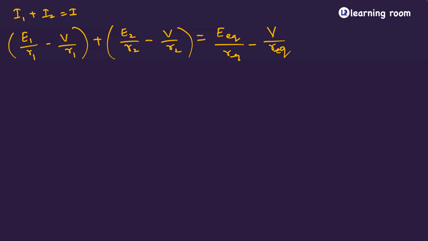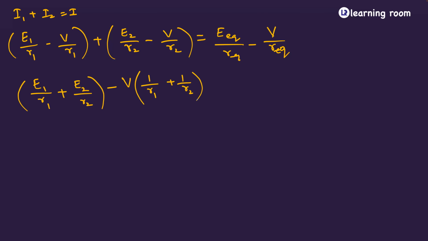Am I clear with this? So combine E1 by R1 and E2 by R2. So E1 by R1 plus E2 by R2 minus, I'll take V common. You will be left with 1 by R1 plus 1 by R2 is equal to E equivalent by R equivalent minus V into 1 divided by R equivalent.